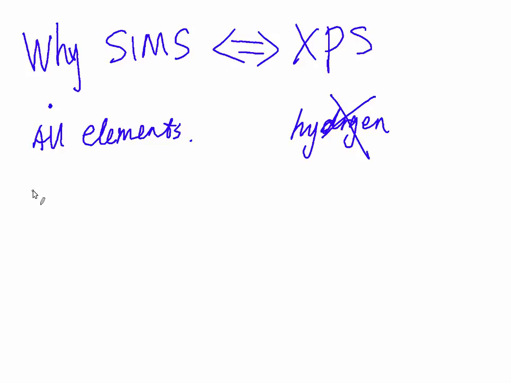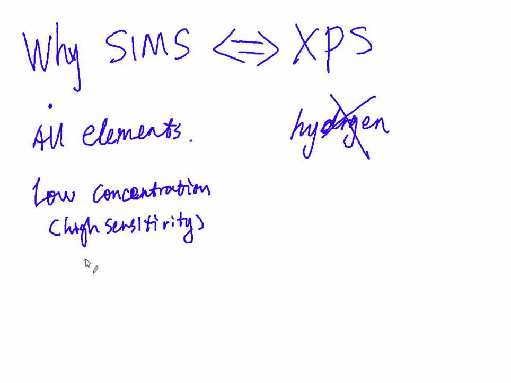The second advantage of SIMS is that it requires a low concentration of materials or elements, while for XPS, the concentration needs to be rather high, which means the sensitivity of SIMS is better than XPS. The third advantage of SIMS is that it can distinguish isotopes of elements, which couldn't be done by XPS.